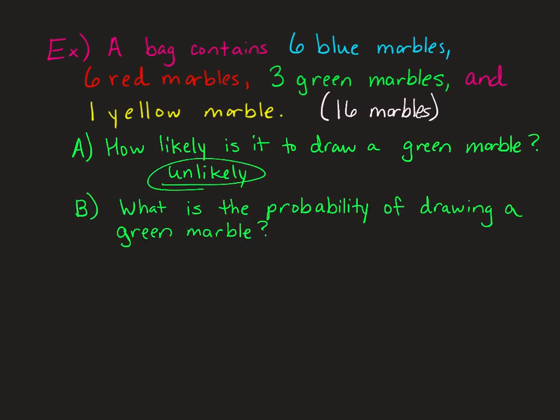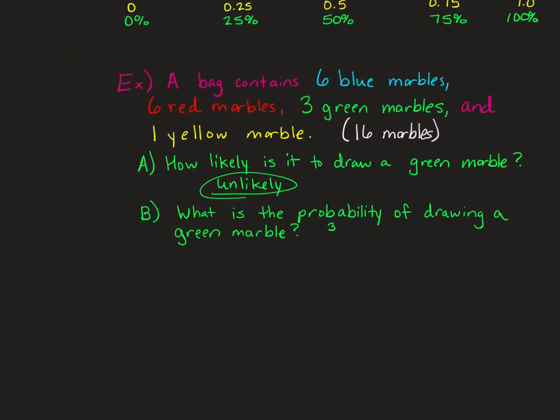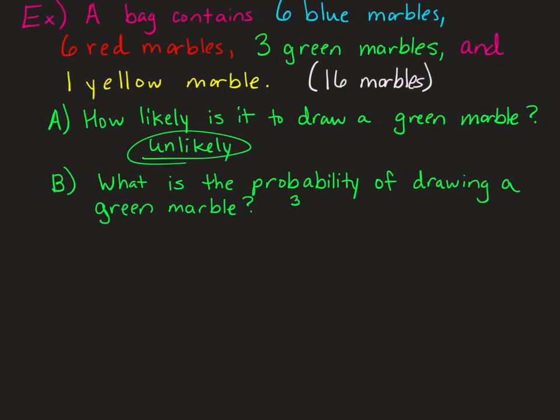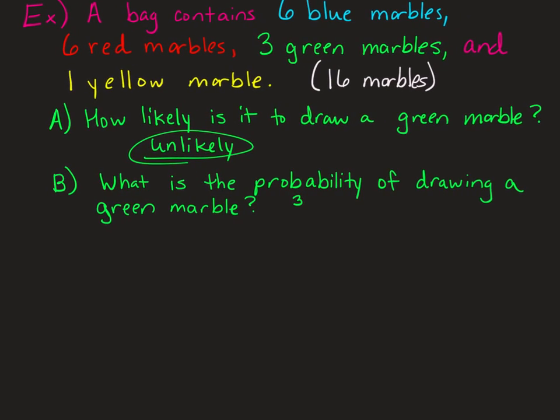B part, what is the probability of drawing a green marble? Well, there's 3 green marbles out of 16 marbles total. So 3 out of 16 could describe the probability. We could also describe it as a decimal.